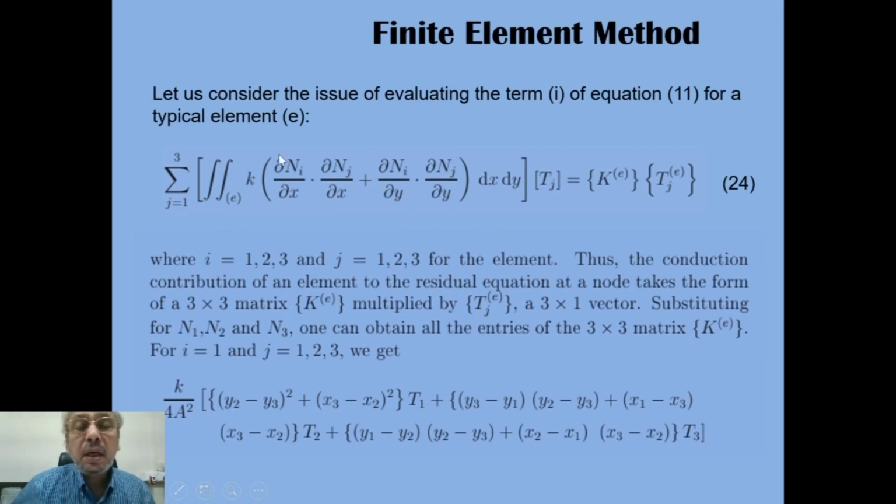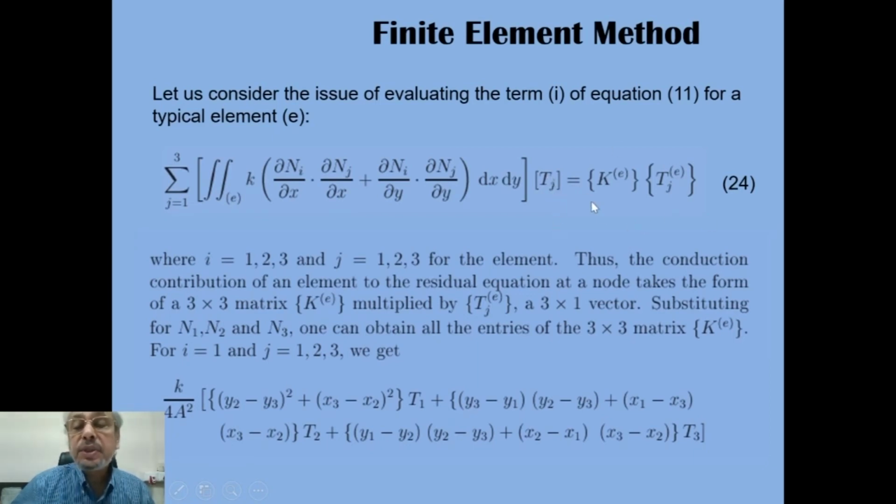This is integrated over the element, that means nodes 1, 2, 3, and obviously Tj will also vary: T1, T2, T3.